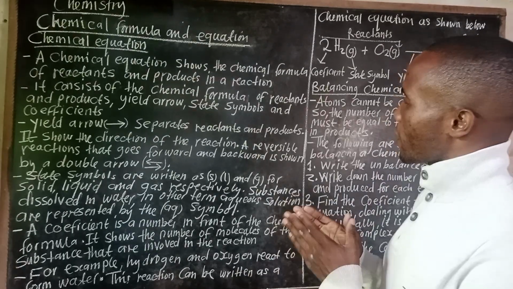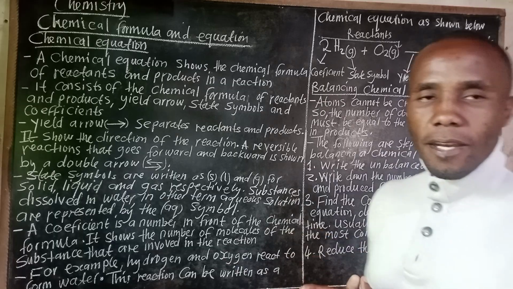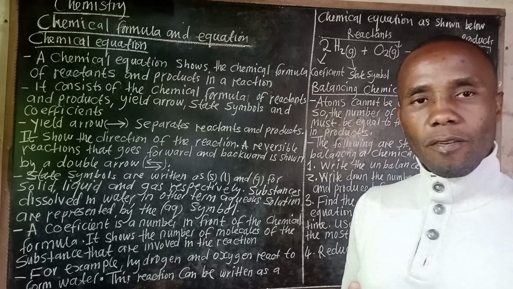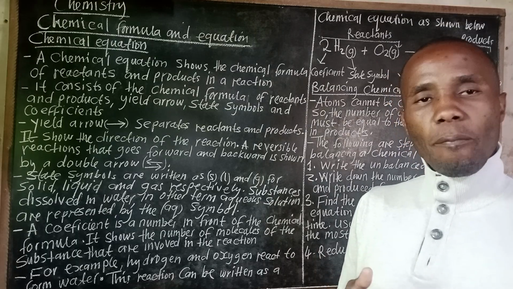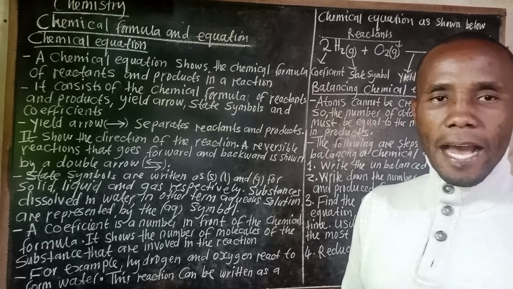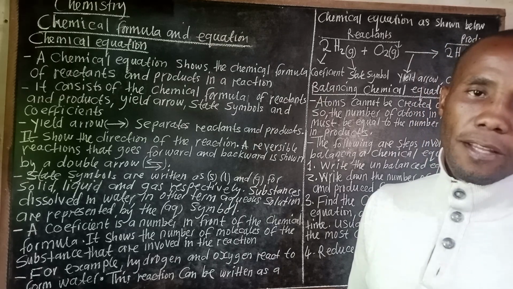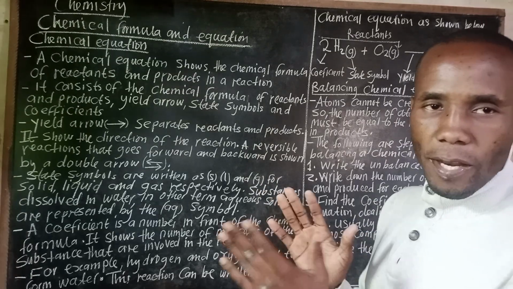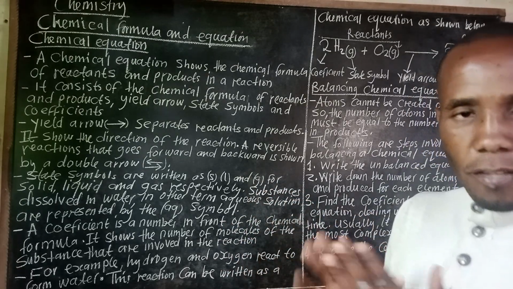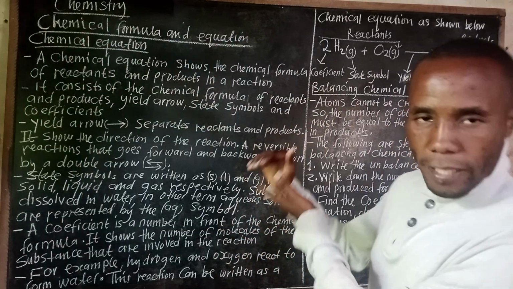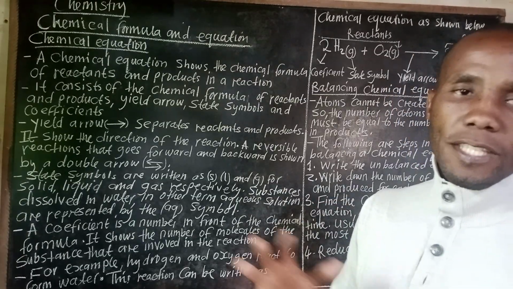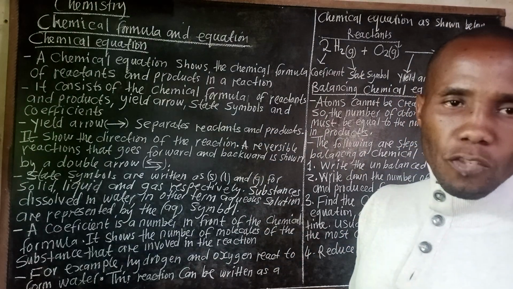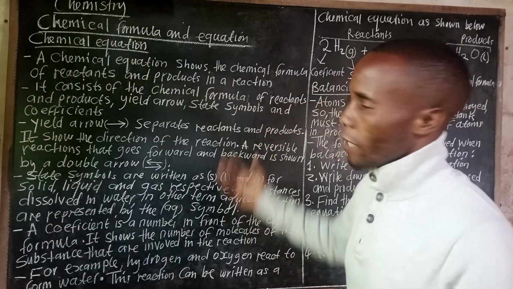When we are talking about reactants, we are talking about the elements, compounds, or molecules that are involved in the reaction. For example, when hydrogen and oxygen react, collectively we call them reactants because they are reacting. Then whatever is produced is what is called the product.